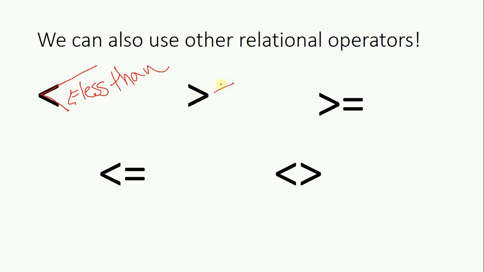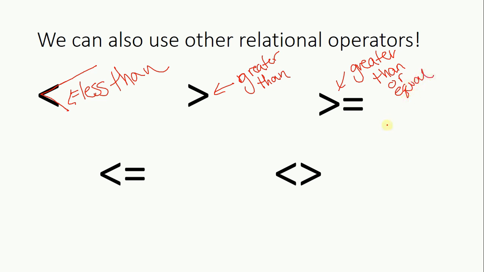This is greater than. Then, of course, this one is greater than or equal. Normally, that would look like this in a math class, but this is not found on the keyboard. Sad day. So we actually use this instead.